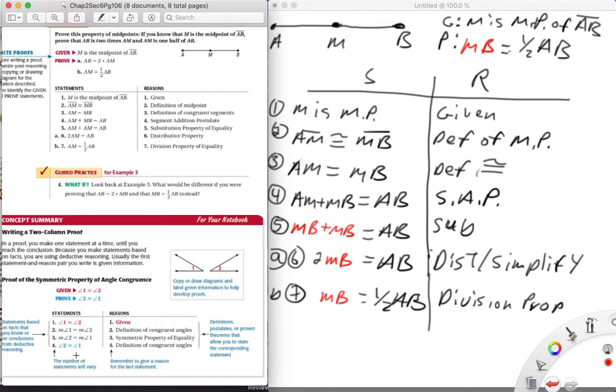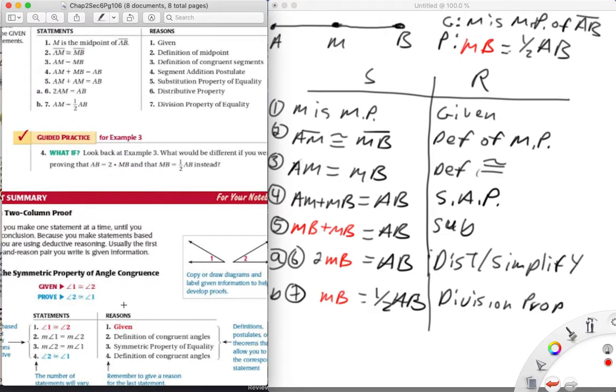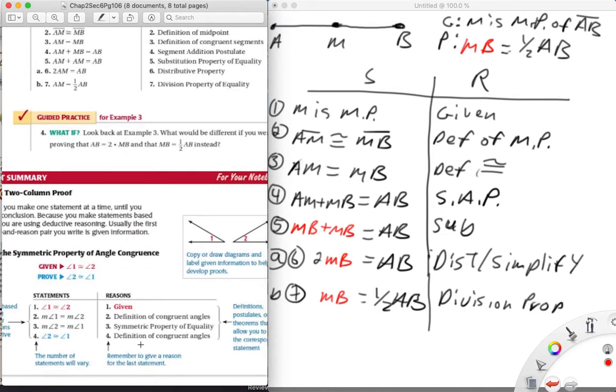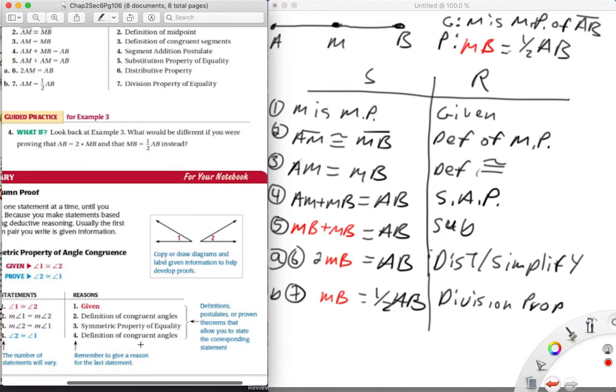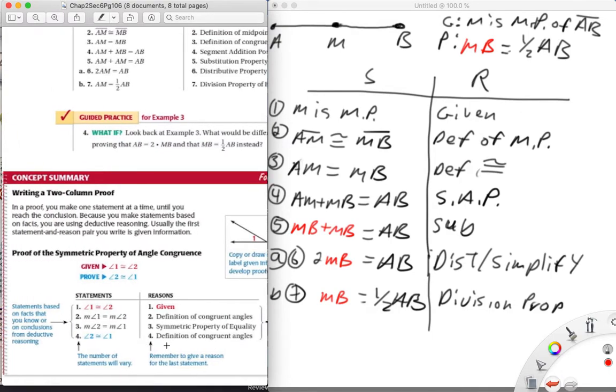But the number of steps can be very long or it can be very short, depending on how confident you are in various properties and theorems and postulates. And they can be a little tricky at first.